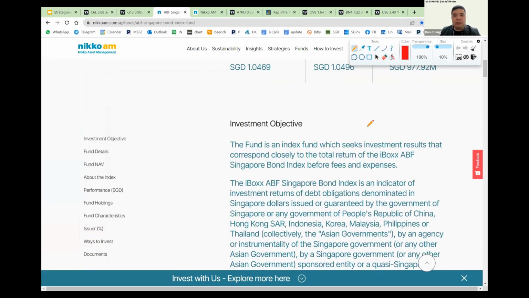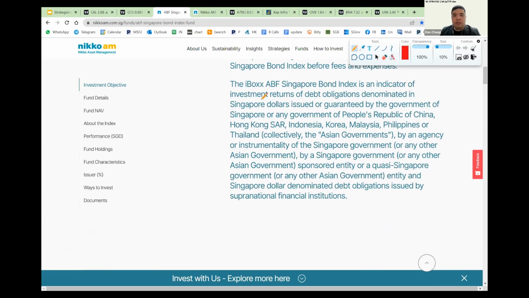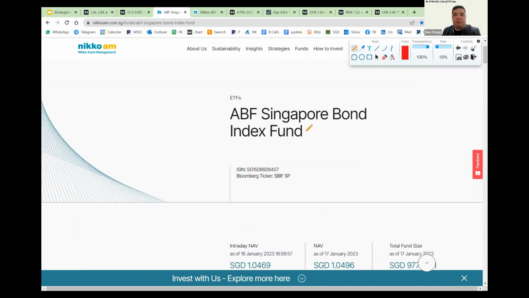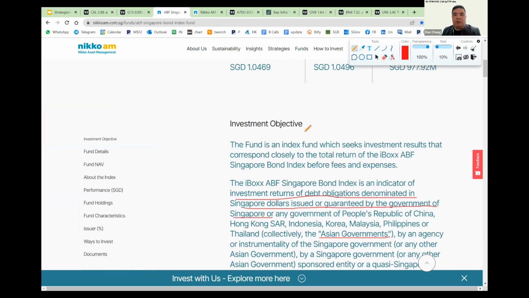This fund seeks investment return from bonds denominated in Sing dollar, issued or guaranteed by the Singapore government, or any government in China, Hong Kong, Indonesia, Korea, Malaysia, Philippines, and Thailand, collectively known as the Asian government. So this ABF Singapore Bond Index Fund tracks the bond price of bonds issued in Sing dollar, issued and guaranteed by the Singapore government and the so-called Asian government.